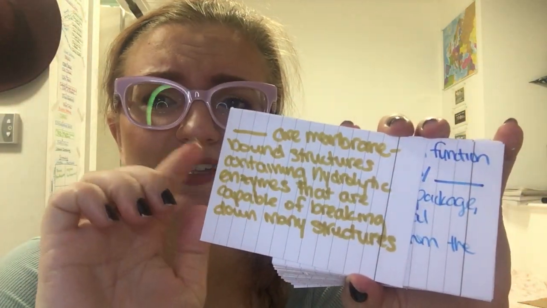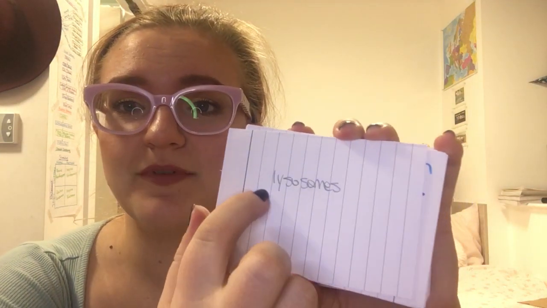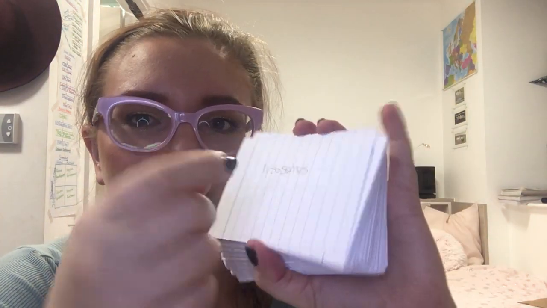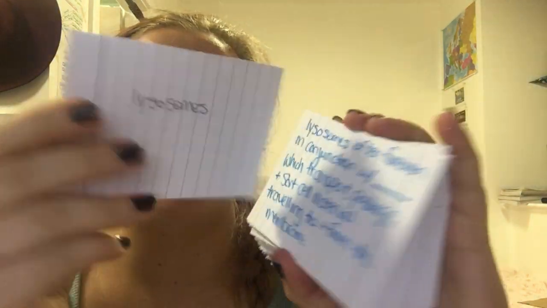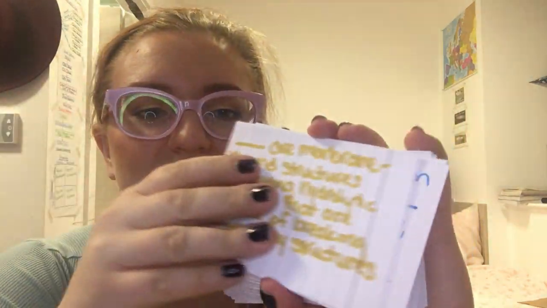And I think this is one of the ones that you can definitely do that for: lysosomes. If you're familiar with the word roots, that lys, that kind of means to break down or to cut, and then some just means like body, basically. So it is a little body, it's a little thingy that breaks things down. That's what it does. It sucks things up and breaks them down.